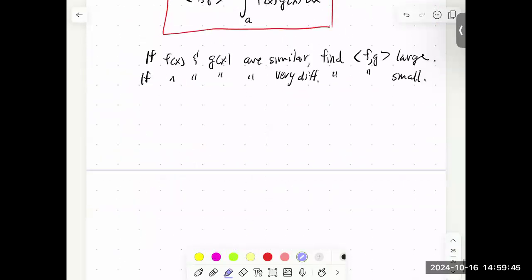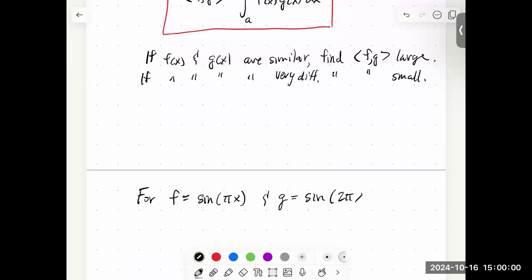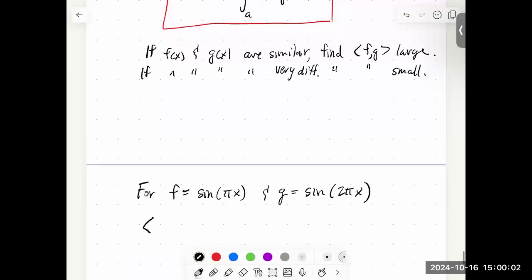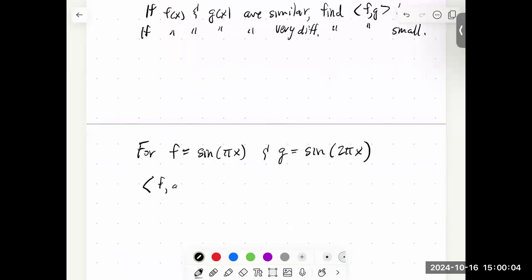Okay, so for f is equal to sine pi x, and g is equal to sine 2 pi x, the inner product of f and g, how are we doing time-wise here?